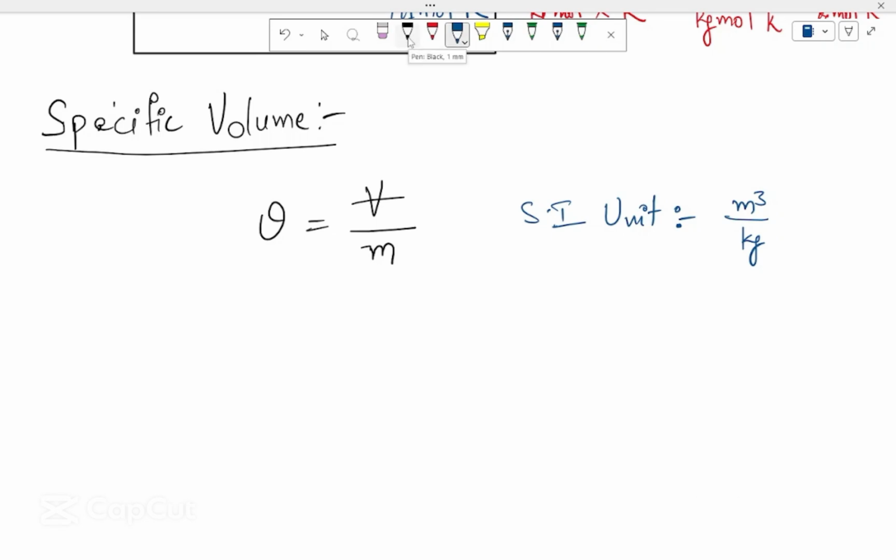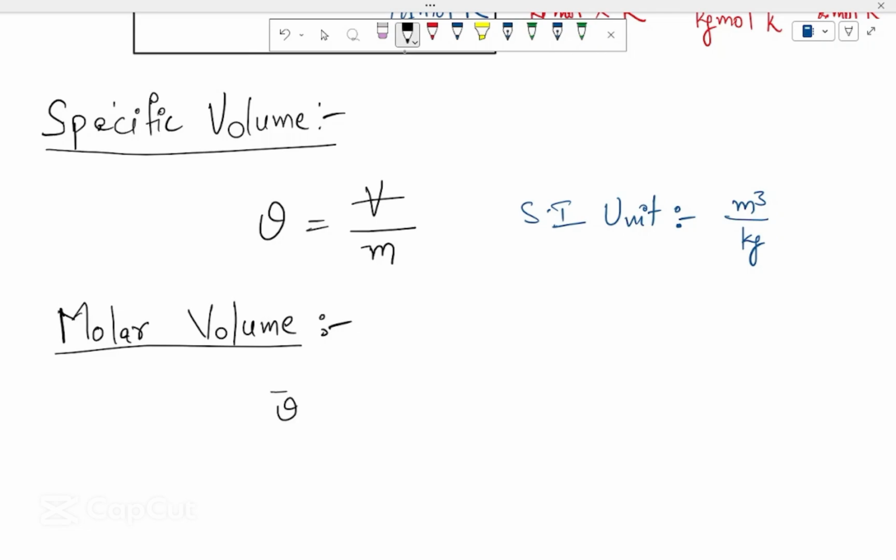Now, with reference to this, we define something called molar volume. You will represent the molar volume with a small v with a bar on it.